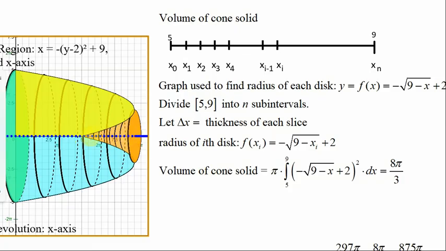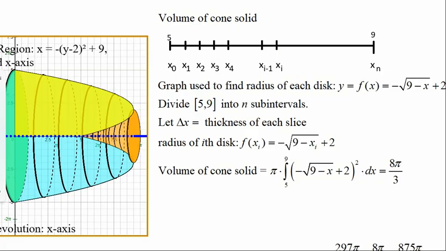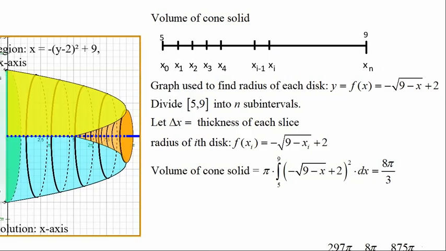So let's divide this interval 5 to 9 into n intervals. And as I mentioned a few minutes ago, for this graph, this part right here is negative square root of 9 minus x plus 2. And so let's denote delta x as the thickness of each slice right here for the cone.